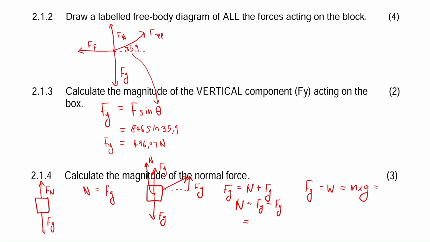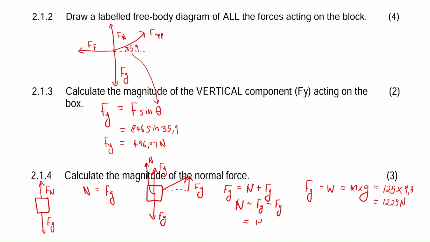125 kilograms. So we are going to go 125 kilograms multiplied by 9,8 meters per second squared and find an answer. And that answer will be 1,225 newtons, right?